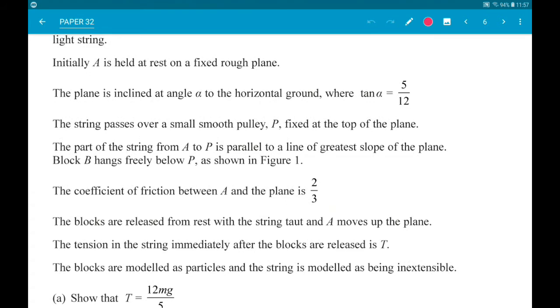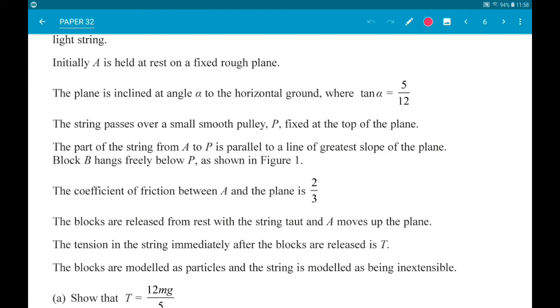The string runs over a small, smooth pulley fixed at the top of the plane. The part of string between A and B is parallel to a line of greatest slope of the plane, so that just means it runs straight up the plane, not diagonally across.